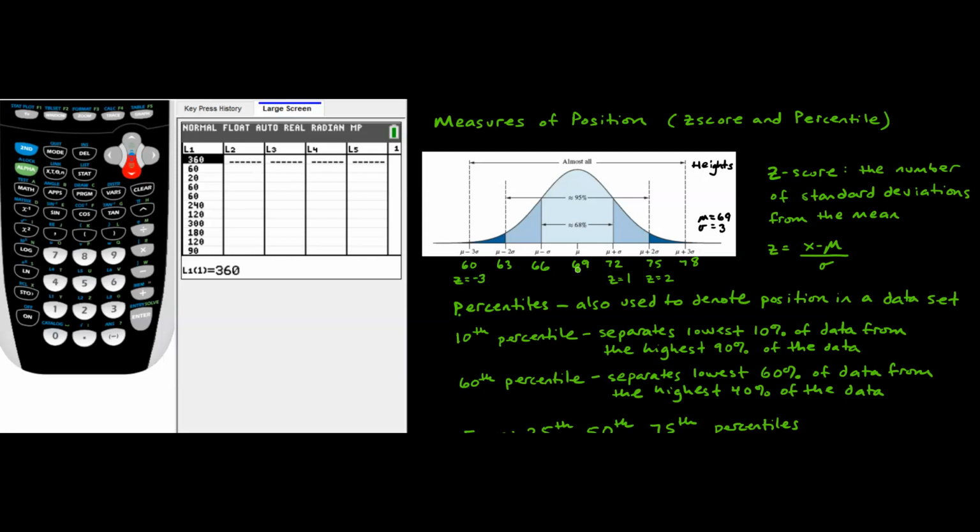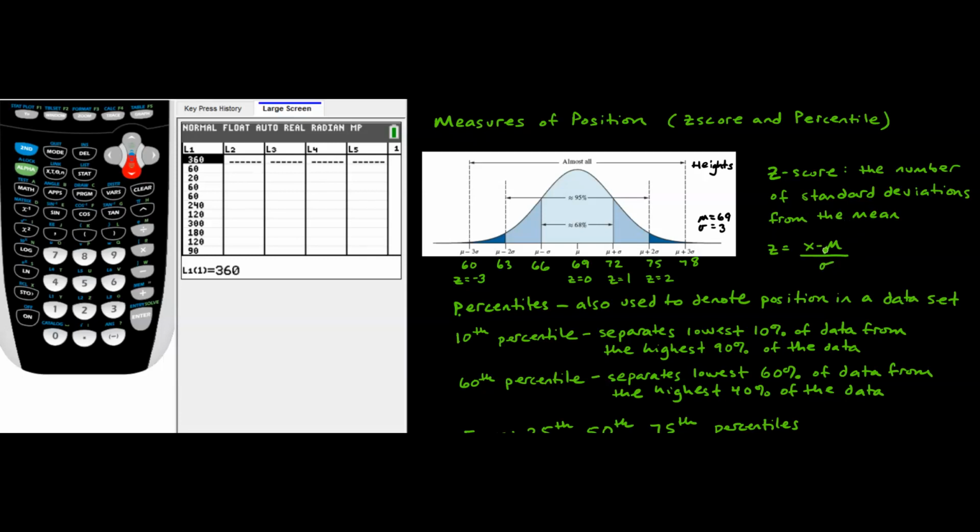And the person that is 5 feet 9 inches tall, that is right at the mean, has a Z-score of 0, because they are 0 standard deviations away from the mean. And so Z-score is simply the number of standard deviations that a particular person or a particular data point is from the mean.